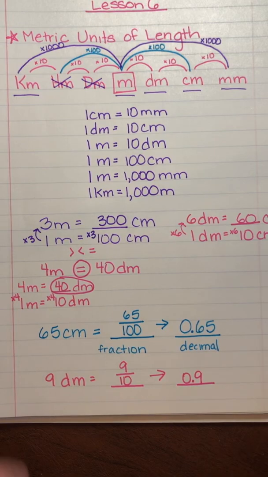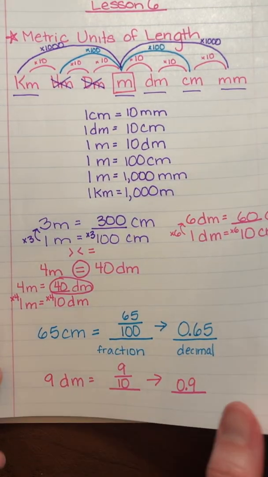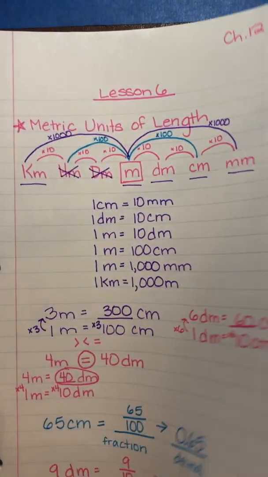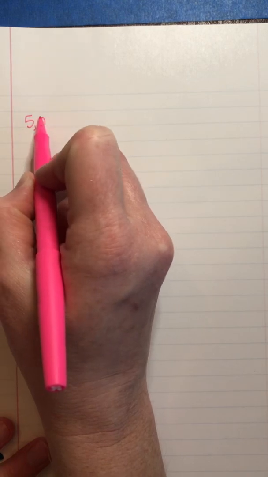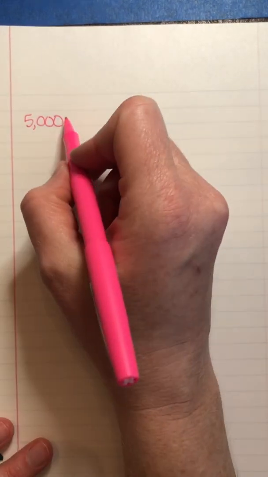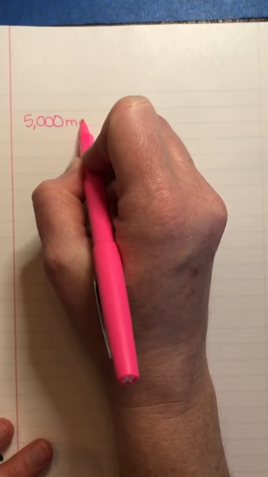The other thing that I'd like you to work on, and I'm going to flip my page, but if you still have space, you can keep working. I'm going to give you a series of numbers. Okay, so we're going to look at 5,000 millimeters.